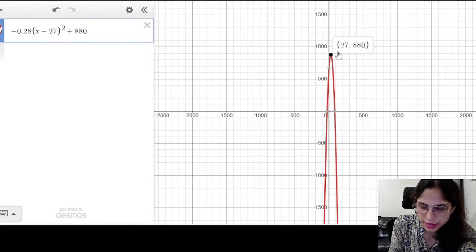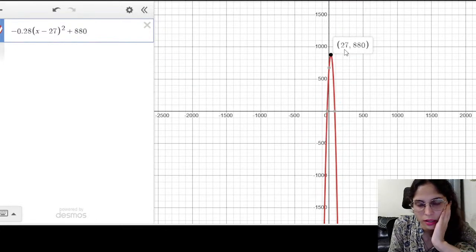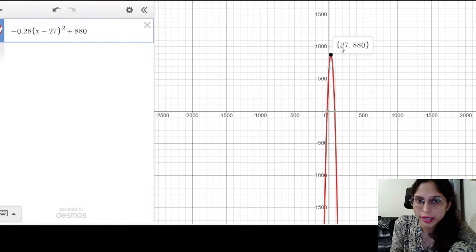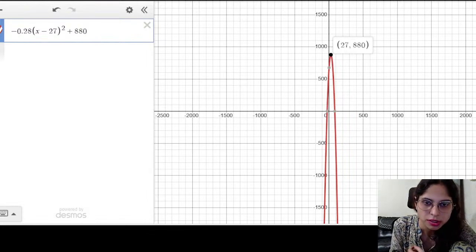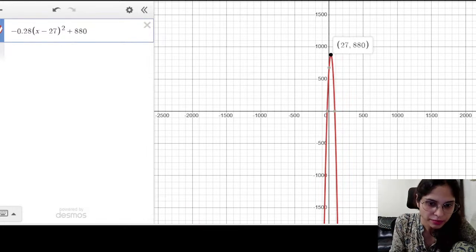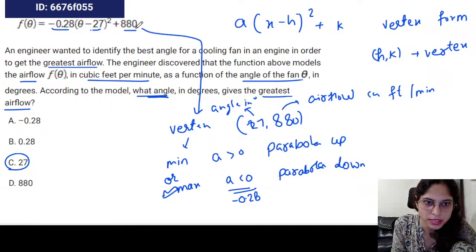This is the highest point, 27, 880. They're talking about angle, so the angle is your x value, so 27 degrees is the answer. But they've directly given the vertex, so to save time you can directly say the vertex is 27, 880, and they want to know what angle, so the answer is 27.